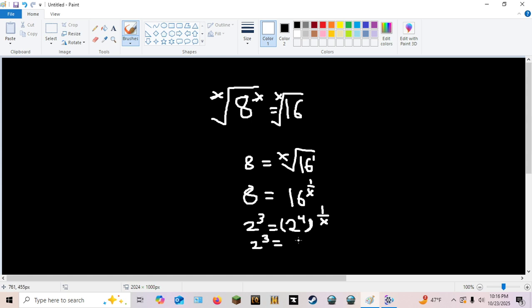Okay? So 2 raised to the 4 over x. Now, we can make the exponents equal to each other since the bases are the same. So 3 is equal to 4 over x. Now, to isolate the x, I need to get rid of the fraction.